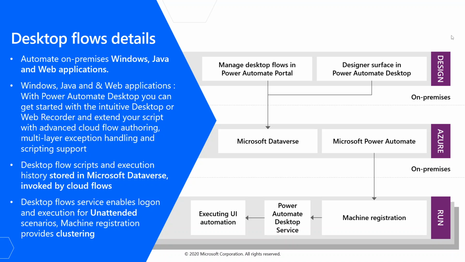So if you look over on the right hand side here, there is a desktop that's on premise, so it's on a machine on premise, and there's a designer in Power Automate Desktop, and then you can also access the web portal to view the desktop flows in the web portal. These items that are created down here are all stored in the Dataverse.